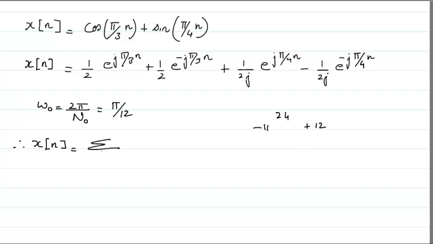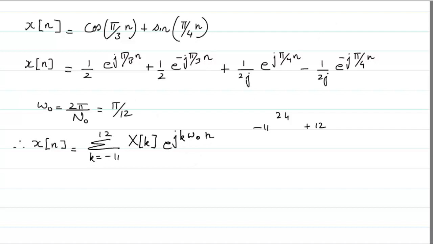Okay, so I will go from k is equal to minus 11 all the way up to plus 12, and the values are going to be capital X of k, e raised to power j k omega naught n, where omega naught is pi by 12.